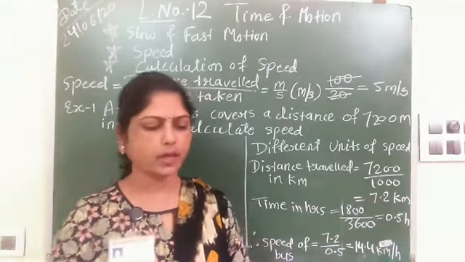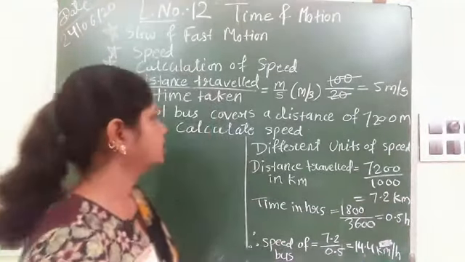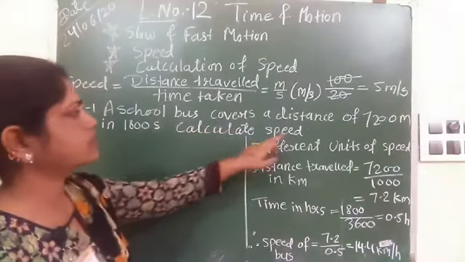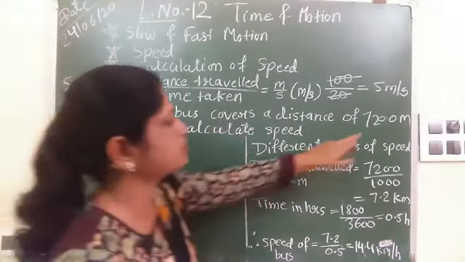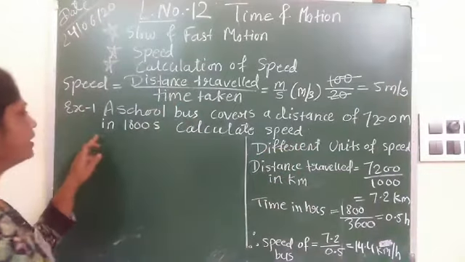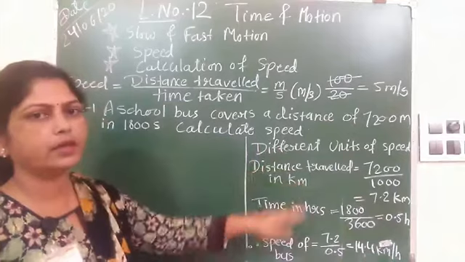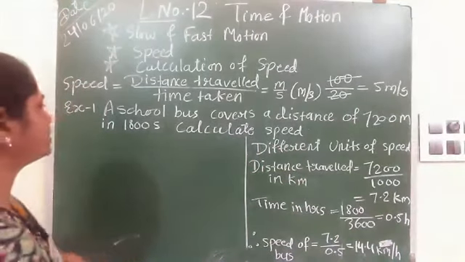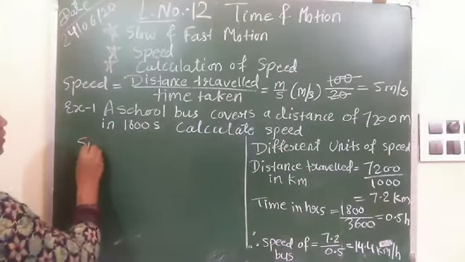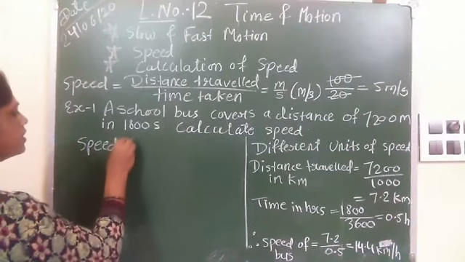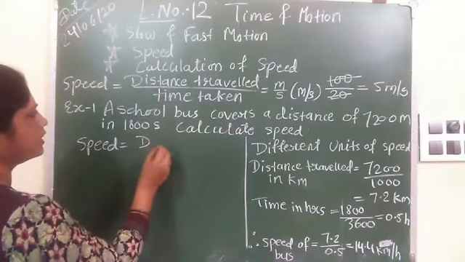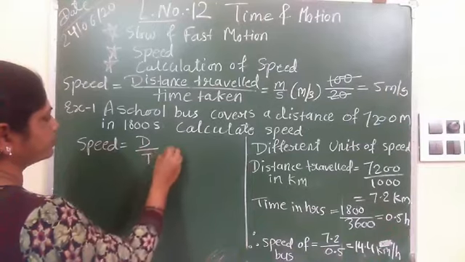Okay. Now the next example. A school bus covers a distance of 7,200 meter in 1800 seconds. Calculate speed. So how do we calculate speed? The formula of speed is equal to distance traveled divided by time.